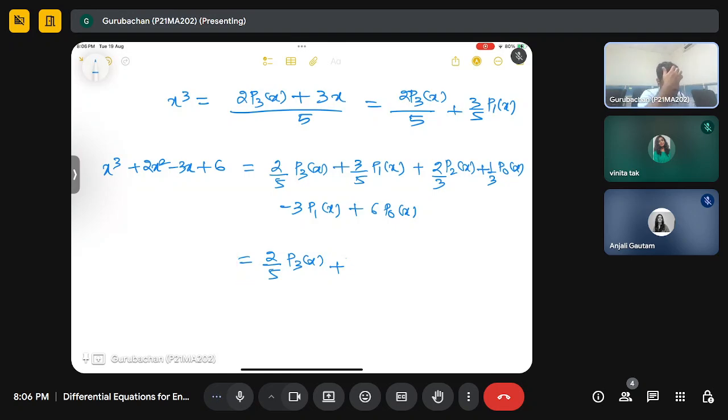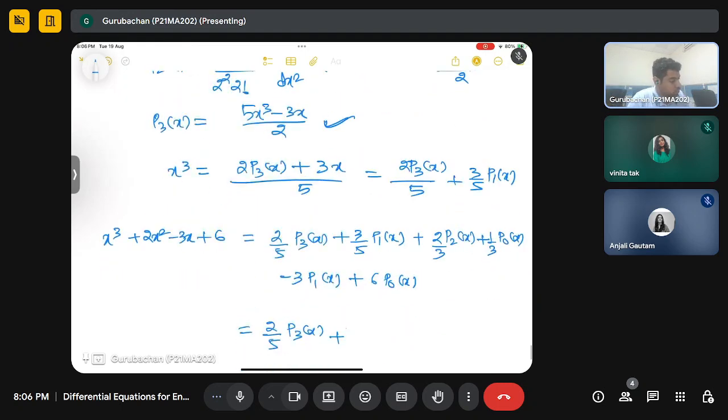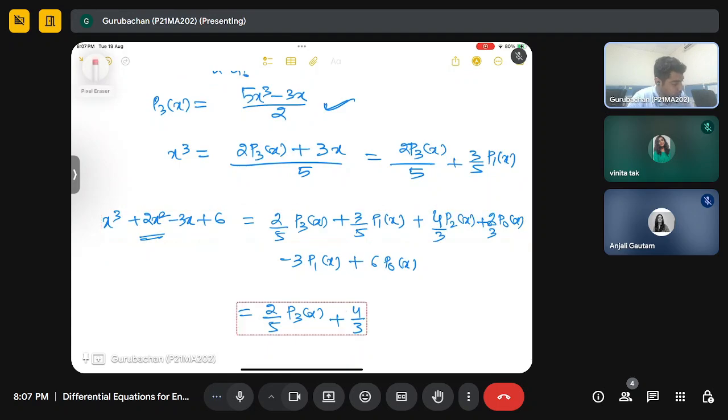Let me check x square: this is 2 times P2(x), and here it was 2x square, so it will be 4 by 3 P2(x), and minus 12 by 5 P1(x).